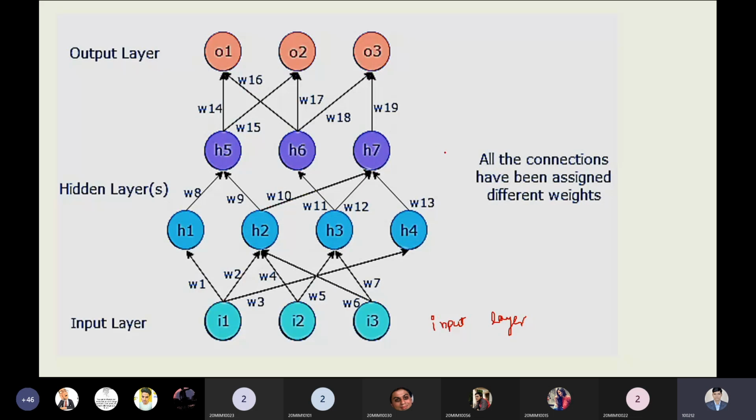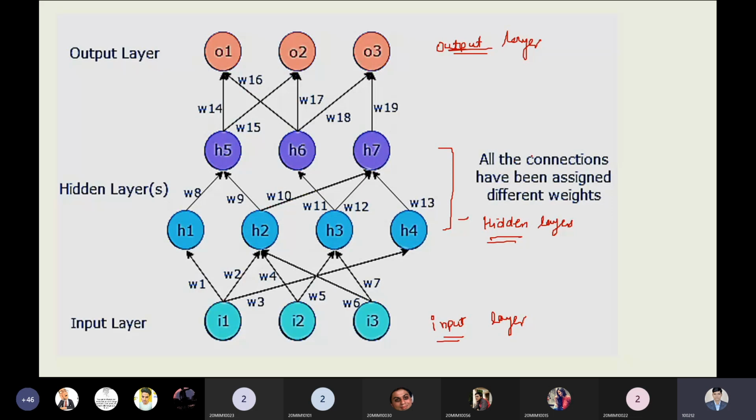These two are known as the hidden layers, and this is our output layer. Super, you are getting it properly, so I'm happy to hear. This is the hidden layer, and here we have the input layer.